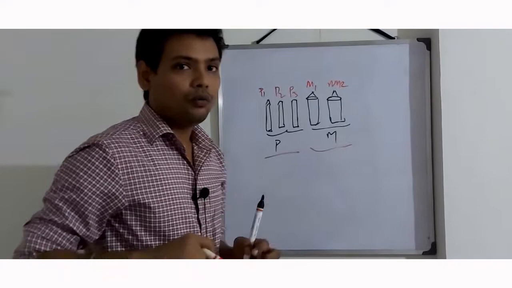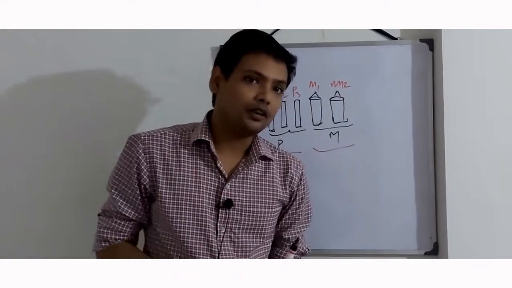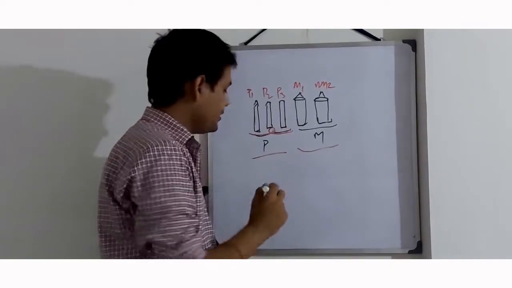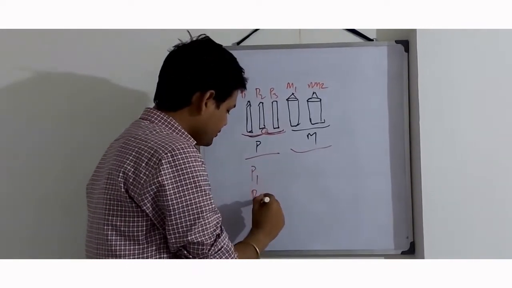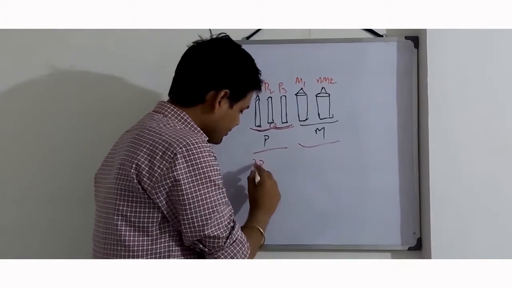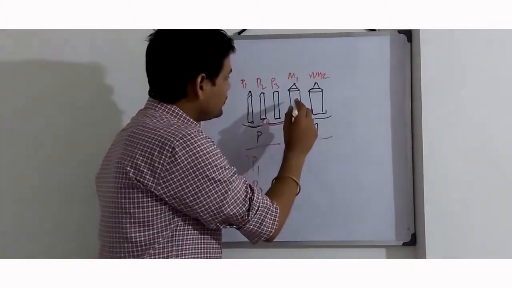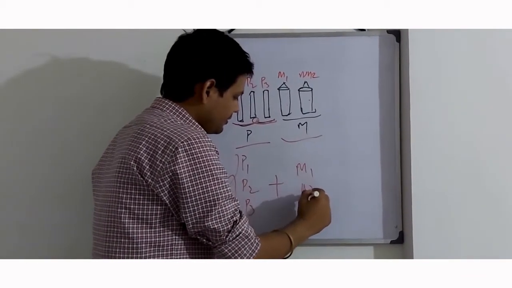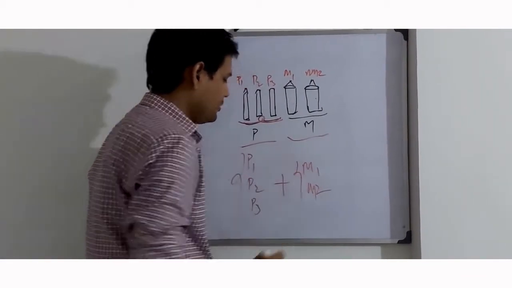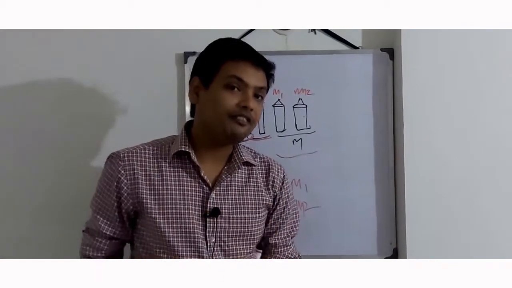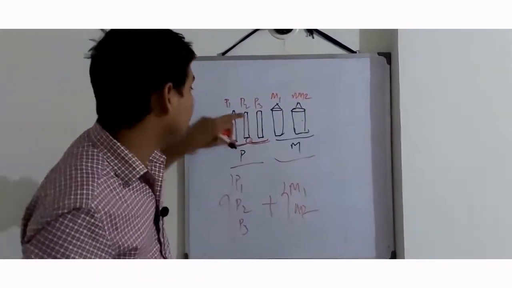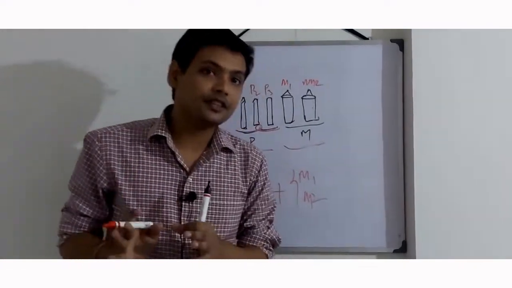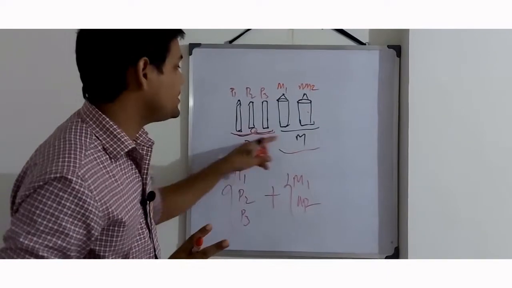One thing you can notice here, we keep saying or. 3 ways a pen can be picked, P1, P2, P3, plus 2 ways a marker can be picked, M1 and M2. So overall there are 5 ways we can pick one item from these 5.